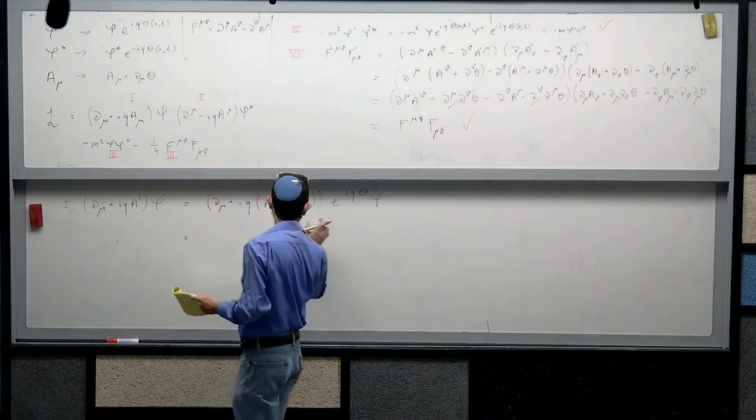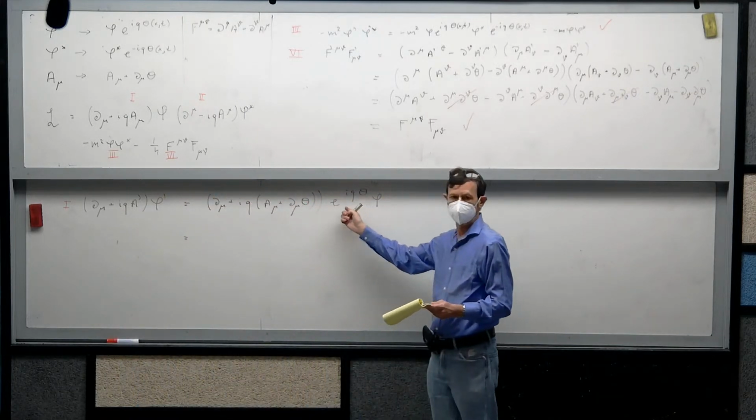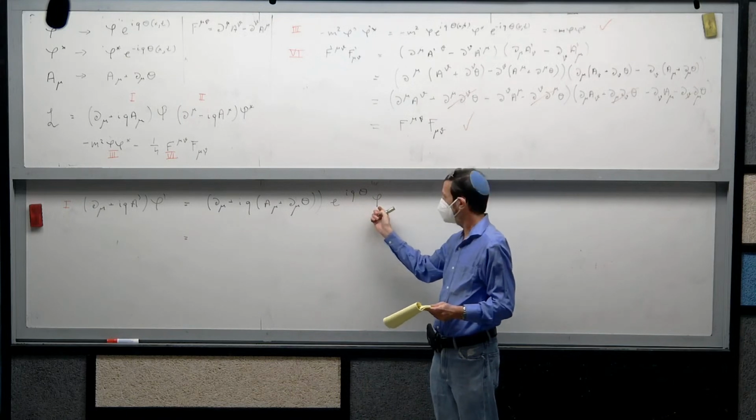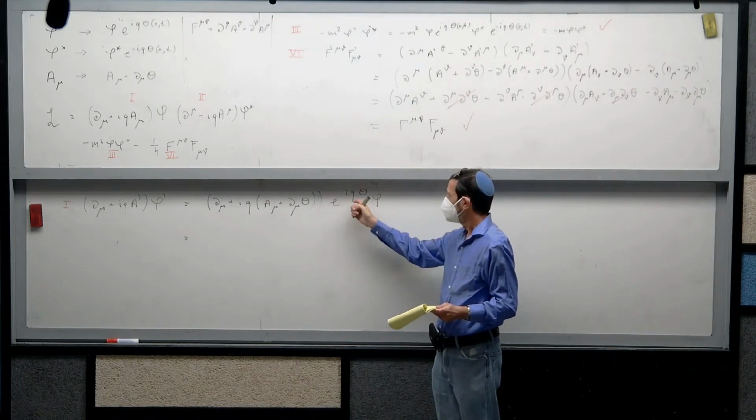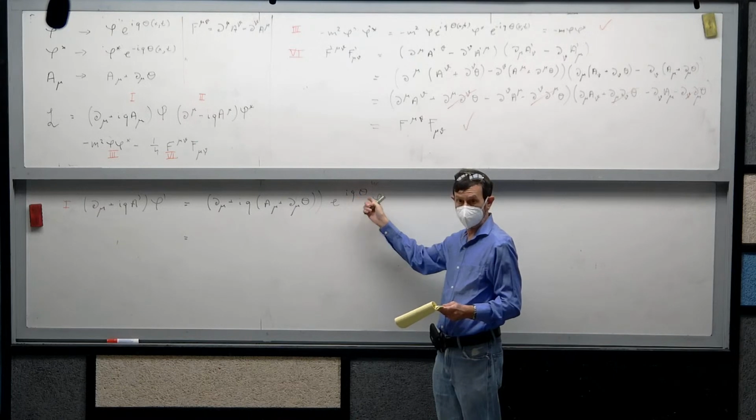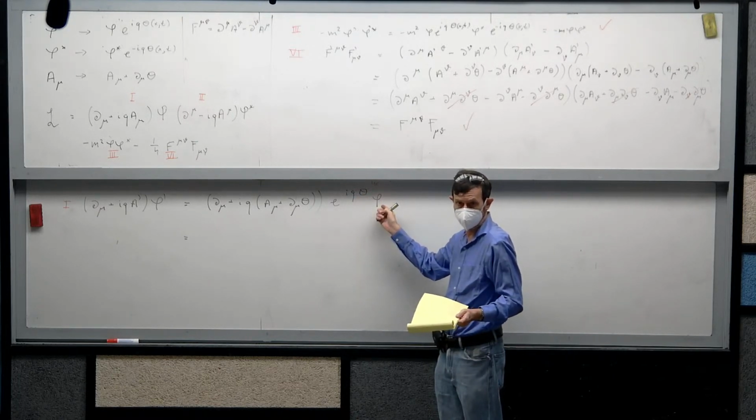So let's start with that. Performing the derivative. Both theta and phi could depend on x, y, z, or t.